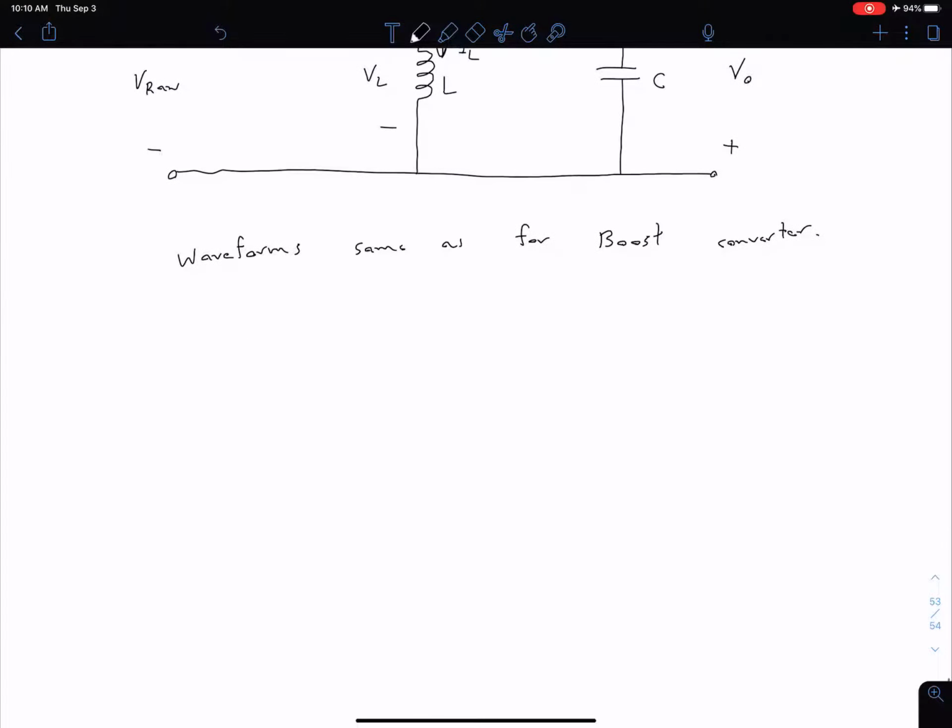Using our same idea of conservation of energy, we could derive an equation relating our V out to V raw.